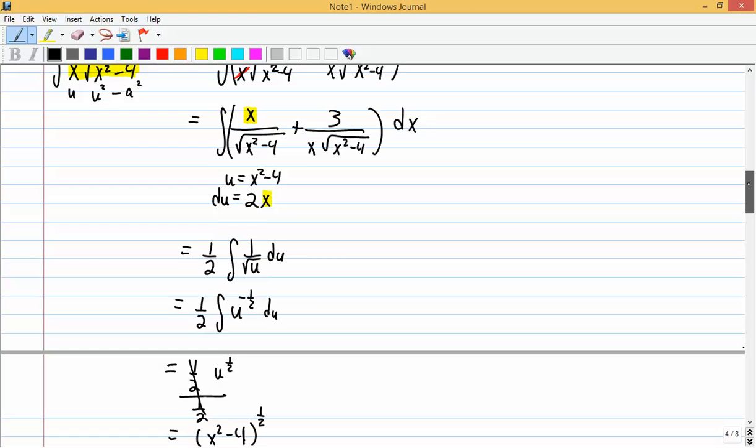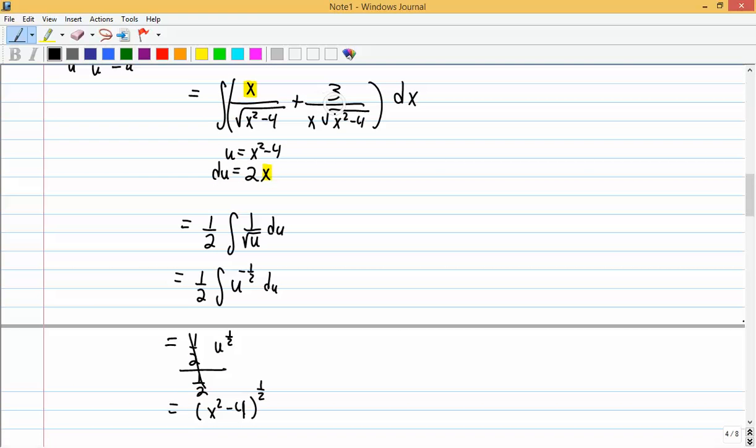Alright, let's work out the second part, which we figured out earlier. The second part is an arcsecant integral. How do I know that? Because I have a u squared here, where my u would be equal to x, and I have an a squared there, so a would be equal to 2.